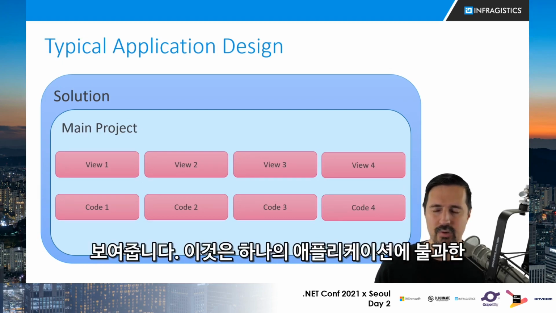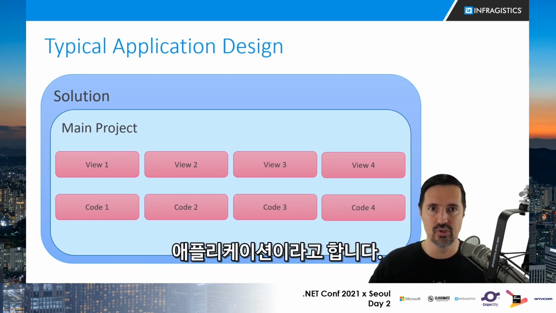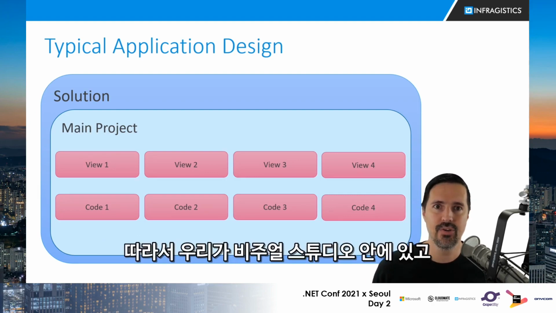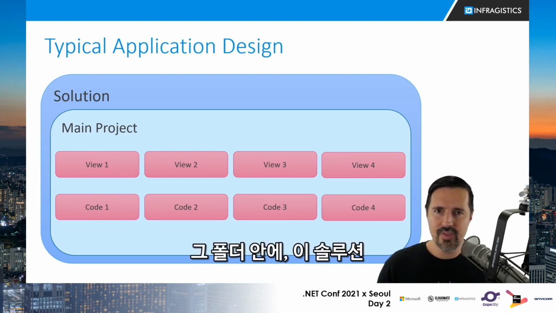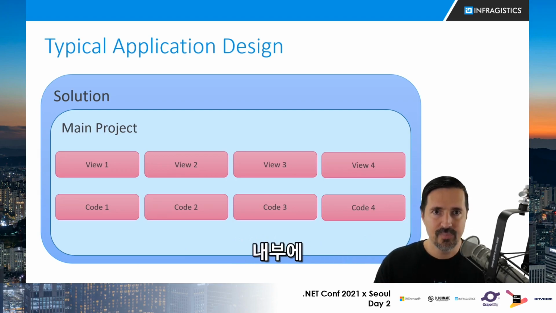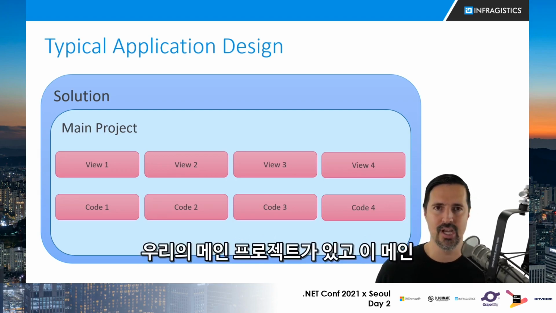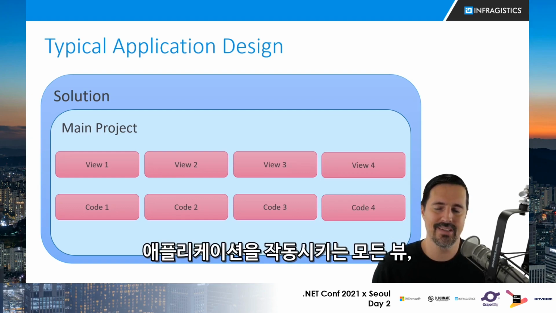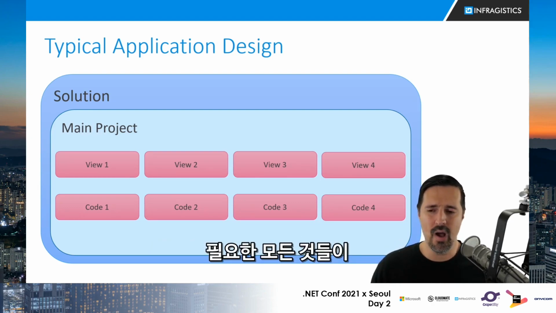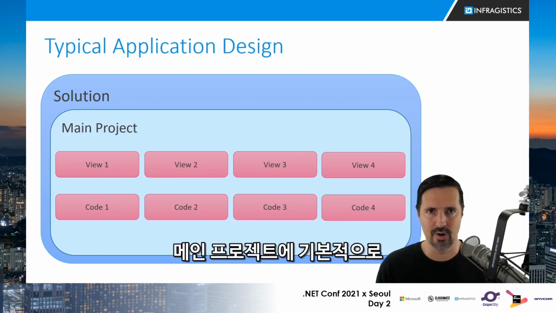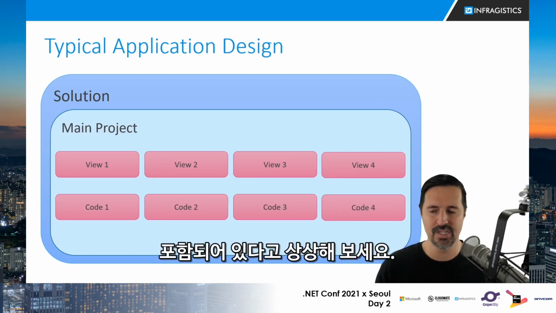Okay, these are referred to as a monolithic application, just one big application. So imagine we're inside Visual Studio and we have this solution. There's our solution folder. And within that solution, we have our main project. And that main project essentially contains all the views and all the code and everything that's required to make this application work, right? We have one main project.